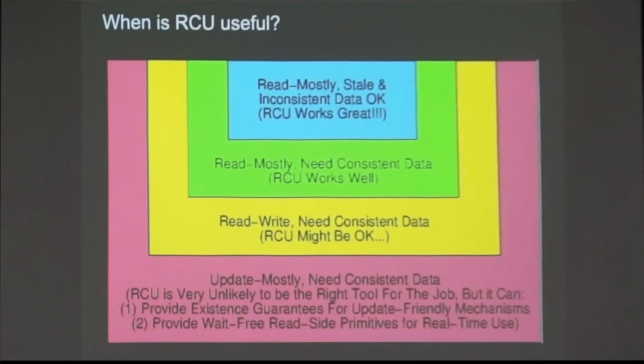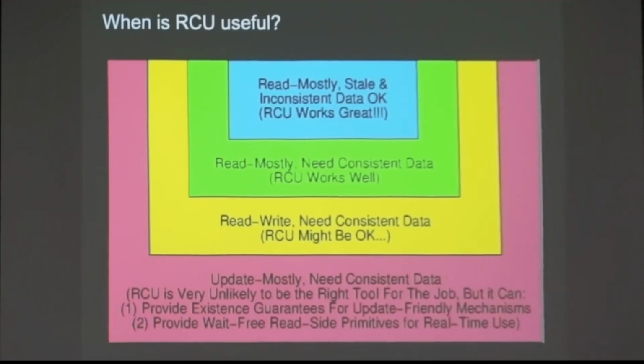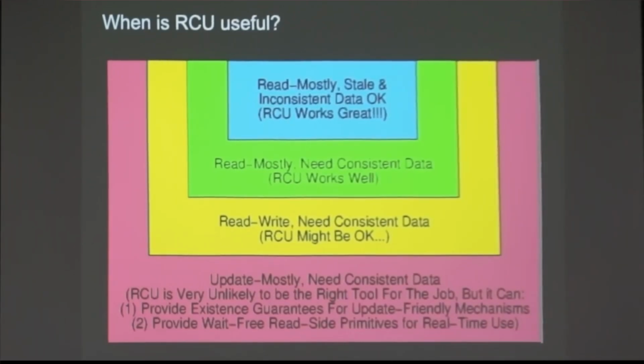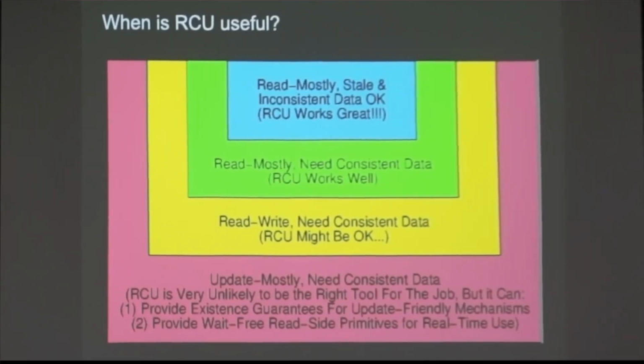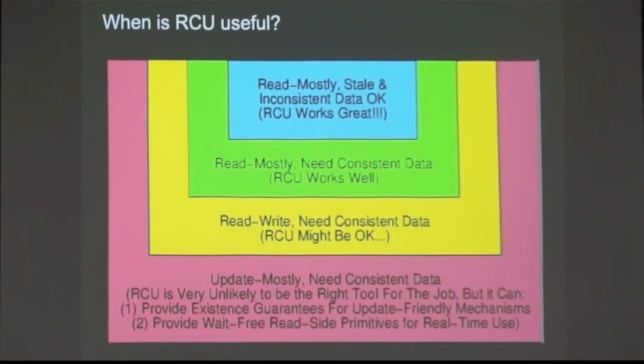RCU also works well if it requires consistency, even though it may not perform as well as in the previous case. However, if your application has frequent write operations, it may not be the best tool, and you might need to carefully evaluate its performance. This brings us neatly to our next topic, the consistency model.